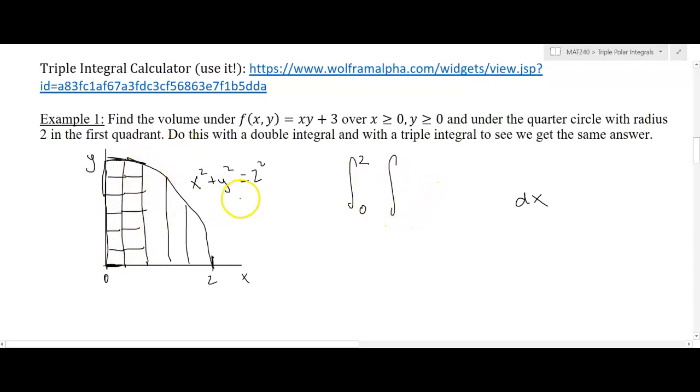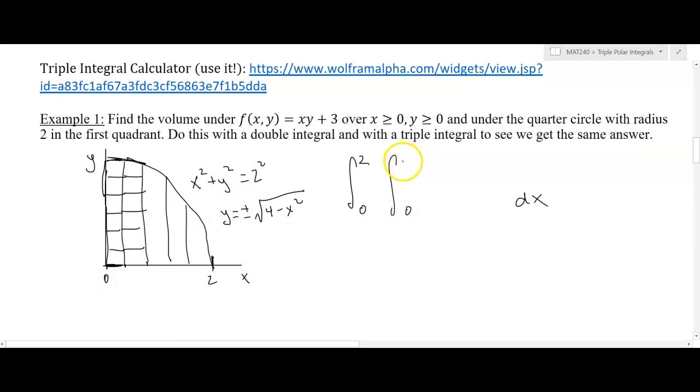So that means we're going to go from 0 to the top of that quarter circle, which is specified by, let's see, if I subtract x squared from both sides and take the square root, I get y equals plus or minus the square root of 4 minus x squared. I only want the positive values of y. I don't want the bottom portion of this circle.